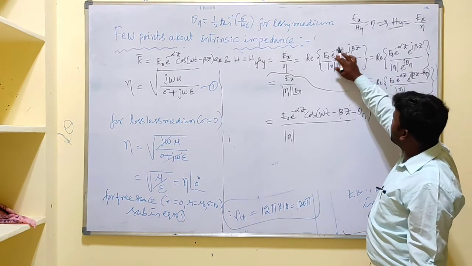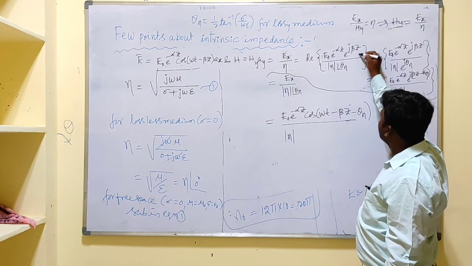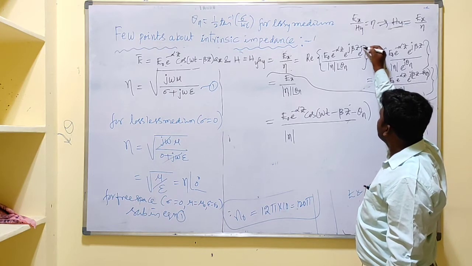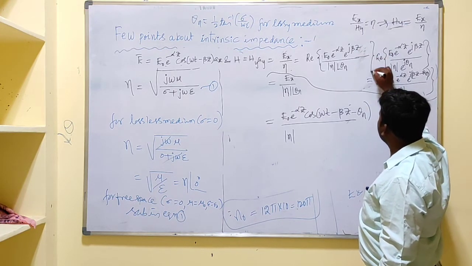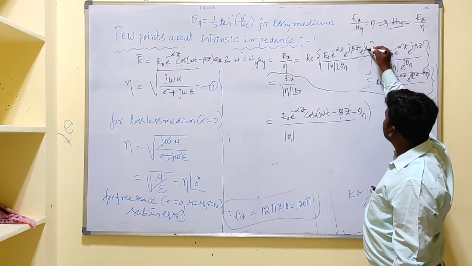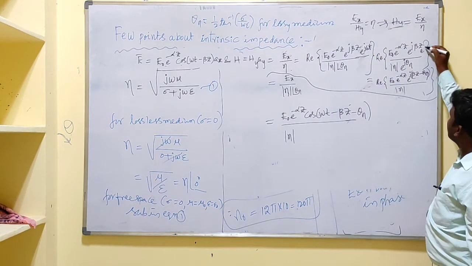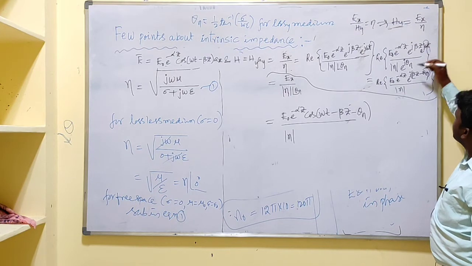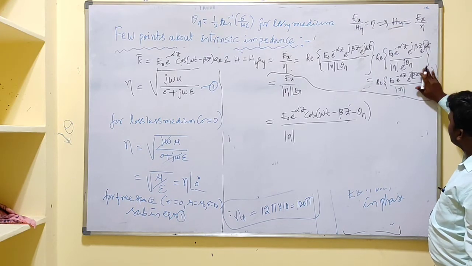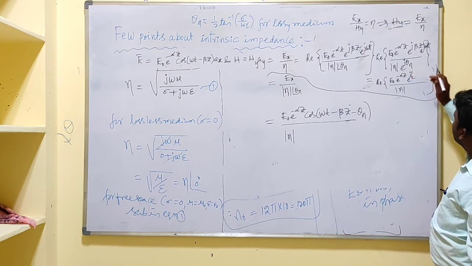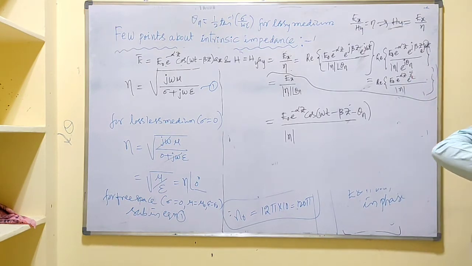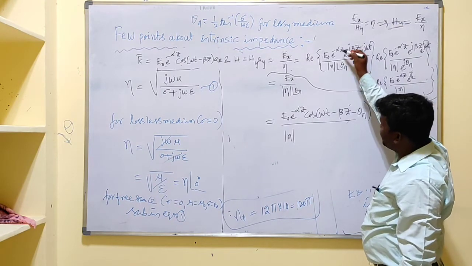Real part of e to the power minus alpha z e to the power j beta z e to the power j omega t also. I forgot to write this; it is a space harmonic e to the power j omega t. Here also e to the power j omega t, and here e to the power minus j beta z. I forgot the minus sign here.